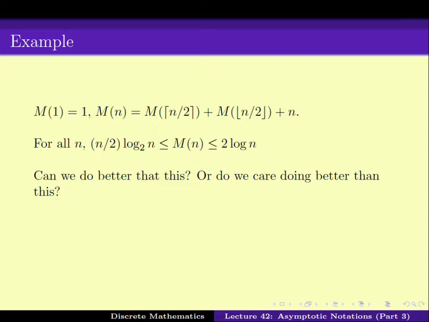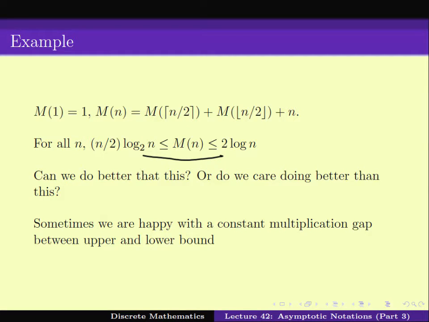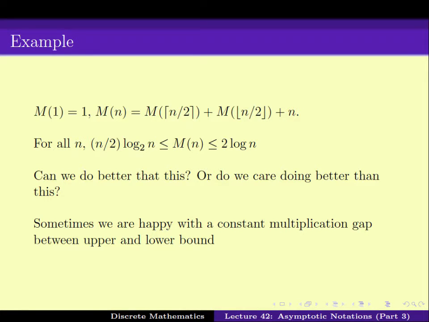So we could not guess the actual value of m(n), but we could upper bound m(n) by some value and lower bound m(n) by some value, and these two values were not too far from each other. Sometimes this gap between the upper bound and lower bound, which is a 4 times gap, is small enough that we don't care about improving it.